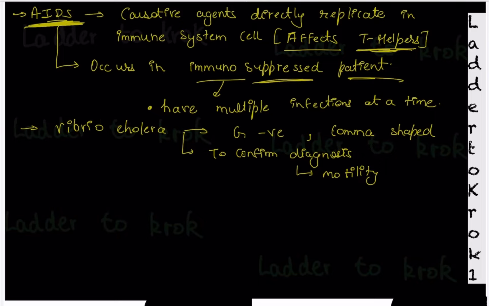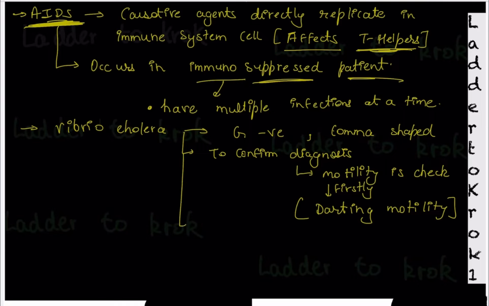Motility is checked firstly. Why motility check? Because it gives a very characteristic type of motility, that is the darting motility feature.